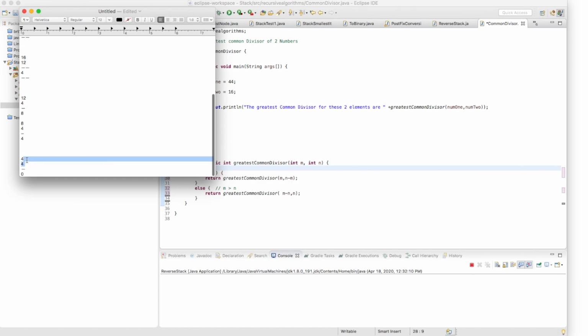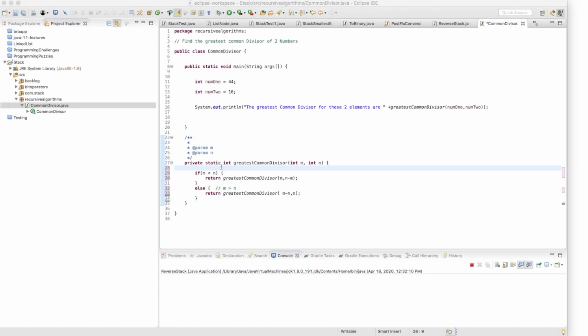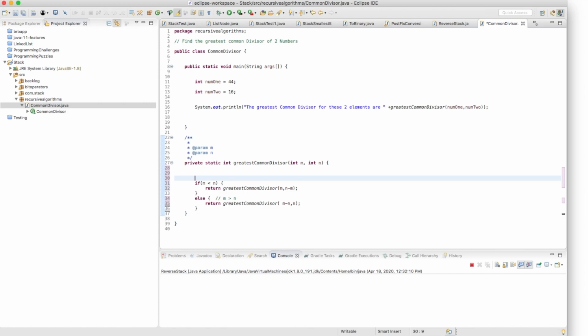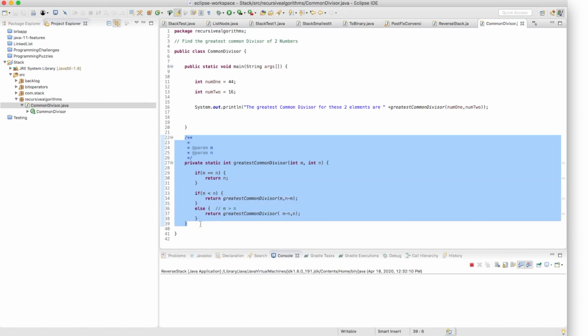It will keep doing this until it comes to a point where m and n are both equal. It will become 4. When m equals n, just return either m or n. That will be your greatest common divisor.